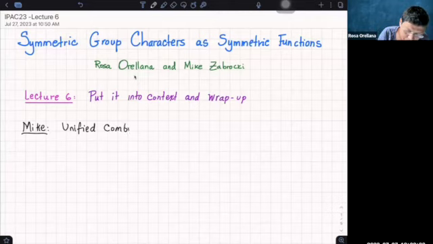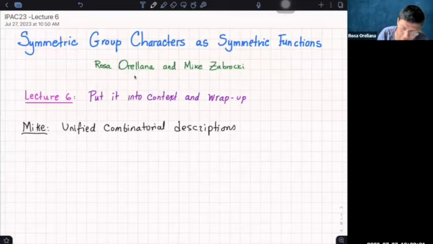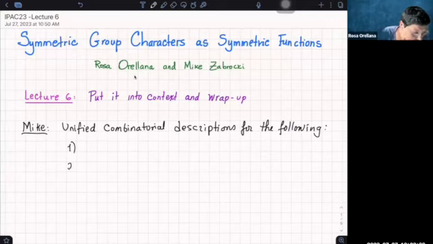combinatorial descriptions for the following. There are 4 products, and one is H mu, the regular homogeneous symmetric functions with S tilde lambda.